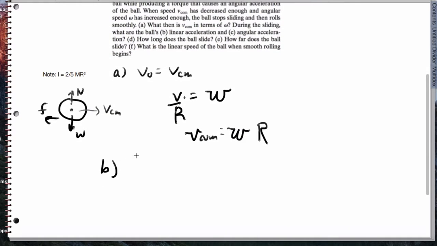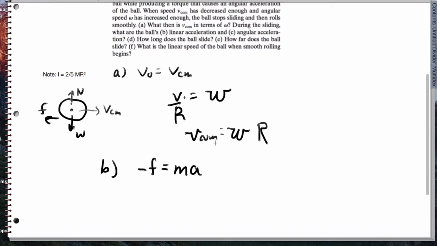Now for B, we now have that the ball is sliding, and we want to know its linear acceleration and its angular acceleration. So let's be clear. For the linear acceleration, we have friction simply slowing it down.